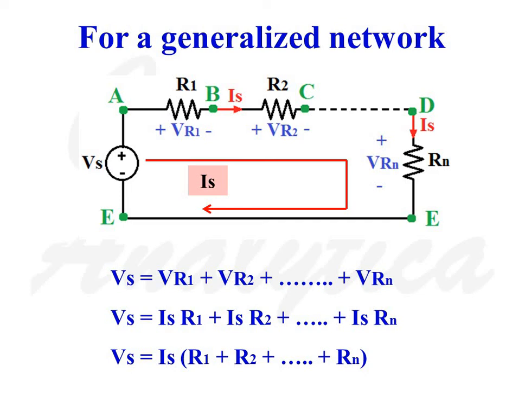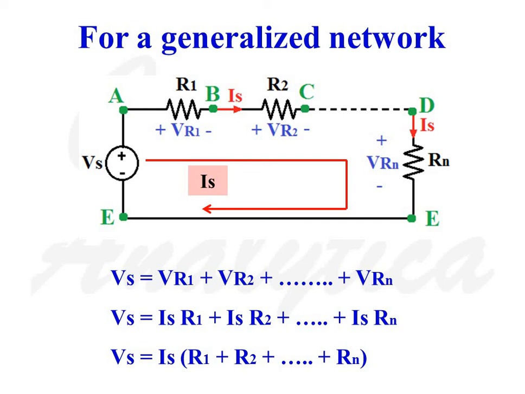According to Ohm's law, we can write Vs is equal to Is into R1 plus Is into R2 plus Is into R3 plus etc. plus Is into Rn, as the same current flows through all the n number of resistors.